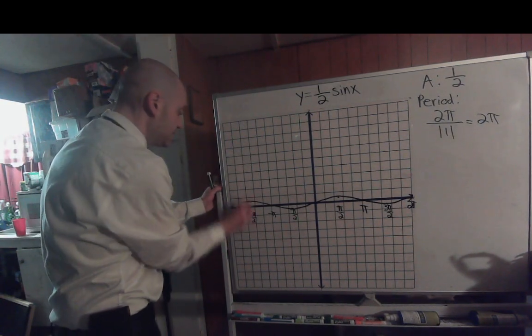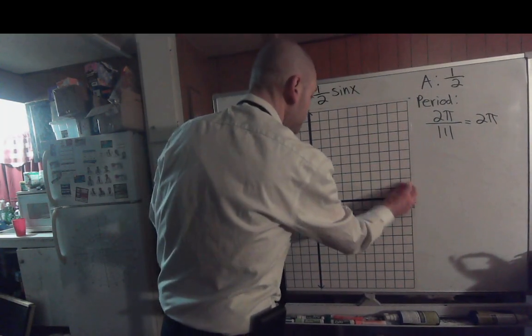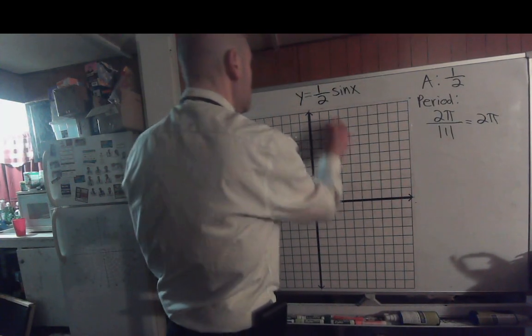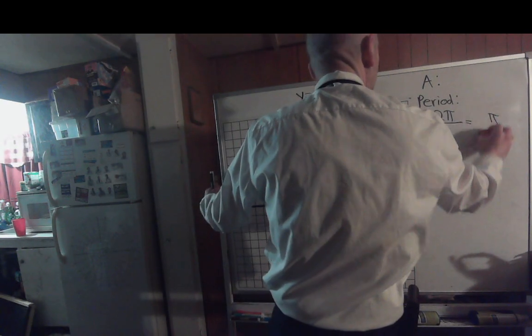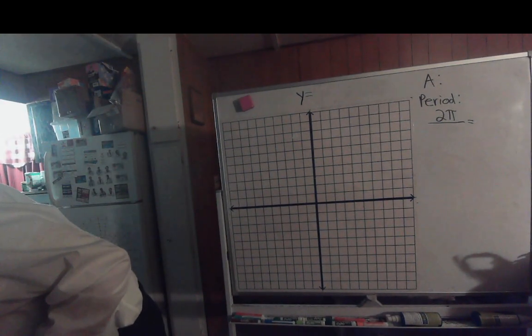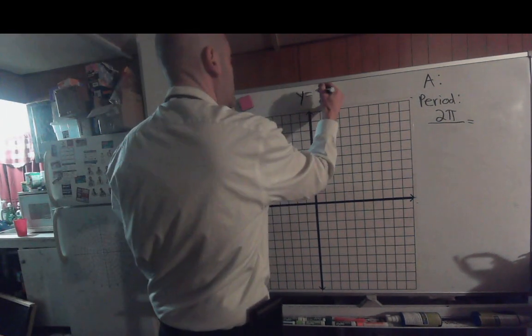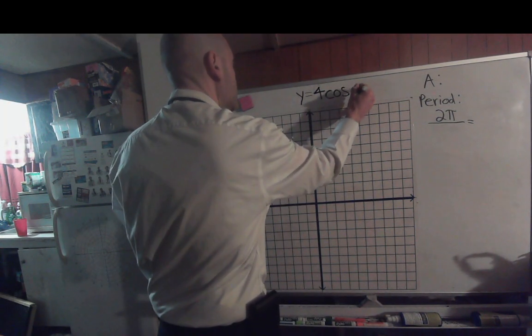Alright, let's do some others. Good one. Y equals 4 cosine of x.